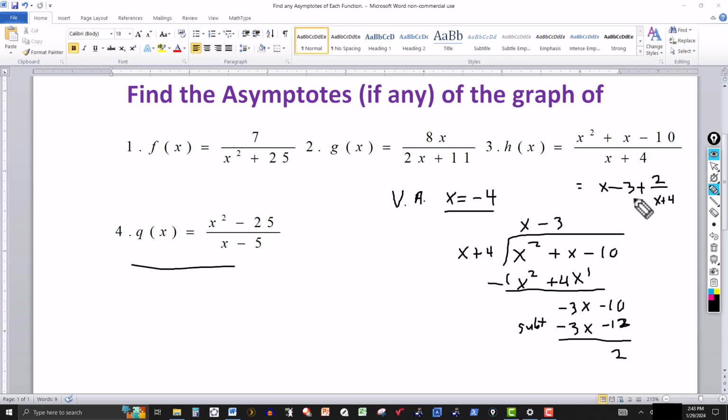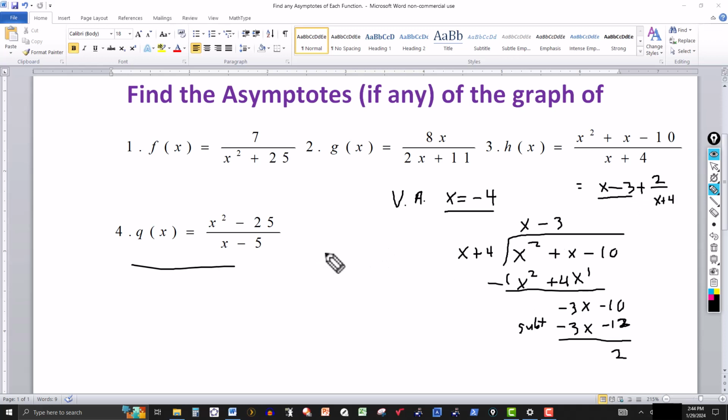We want to know the behavior of the graph as x goes to infinity or negative infinity. As x goes to infinity, this denominator gets real large, so this fraction goes to 0. As x goes to negative infinity, the same thing happens. The absolute value of the denominator gets large, so this goes to 0, and I'm left with x minus 3.